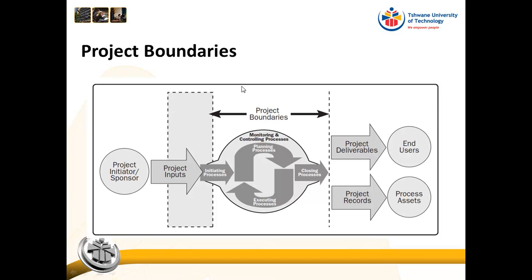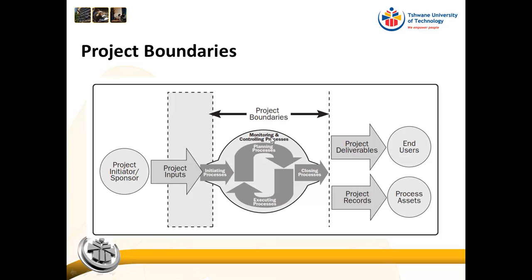Okay, so the boundaries of the project. So we have a project initiator or sponsor who decides that this project is necessary, and they will then kick off an initiating process of setting up the project charter, and that is basically where the project boundary starts.